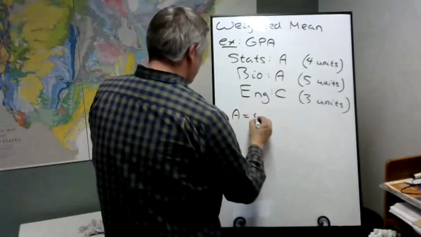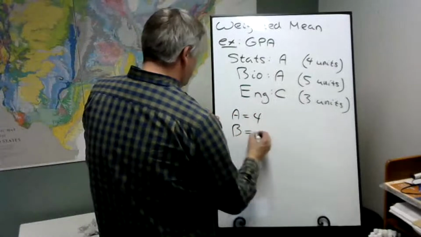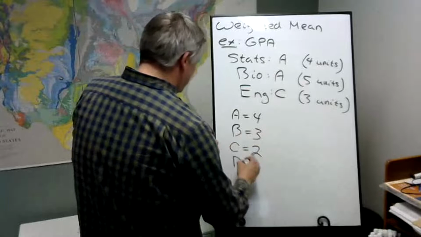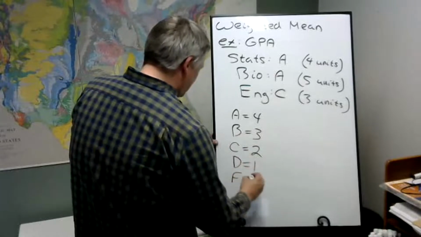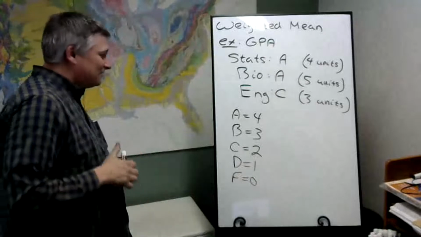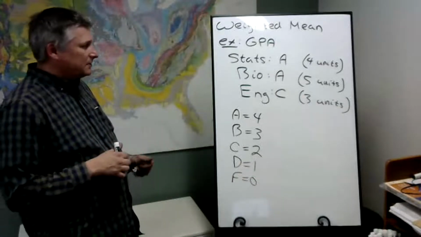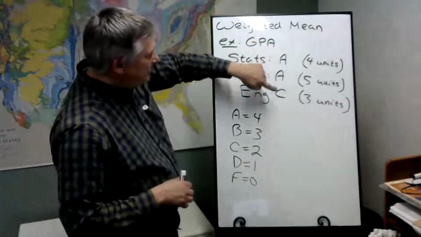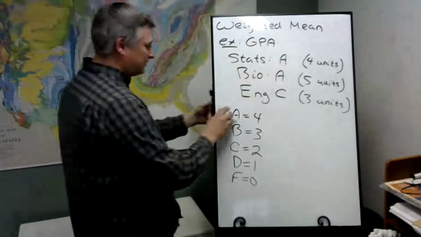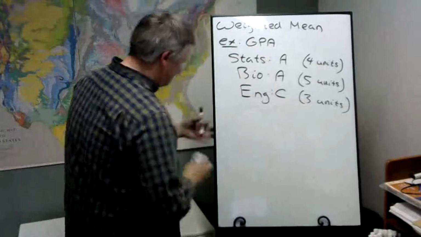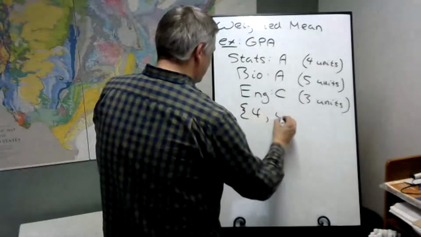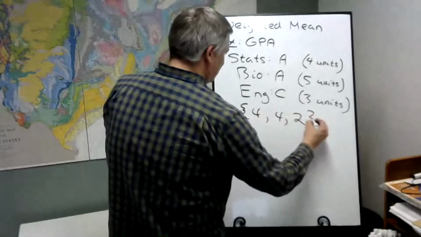Now, A is 4, B is 3, C is 2, D is a value of 1, and F has a value of 0. So instead of saying A, A, C, we're going to go 4, 4, 2. So our data is 4, 4, and 2.